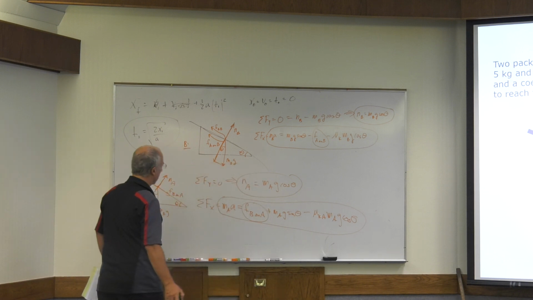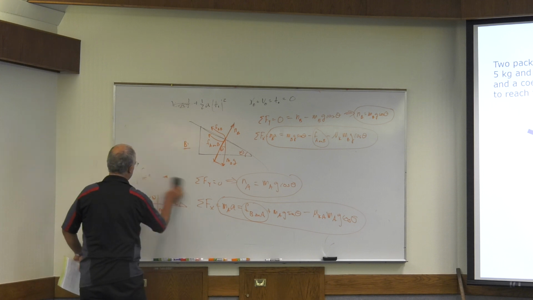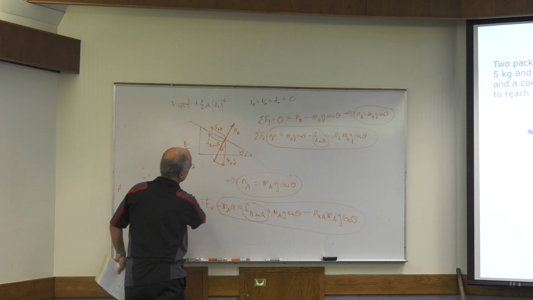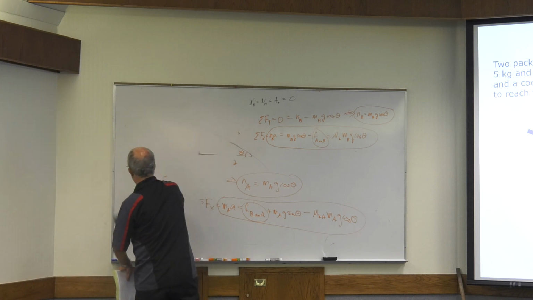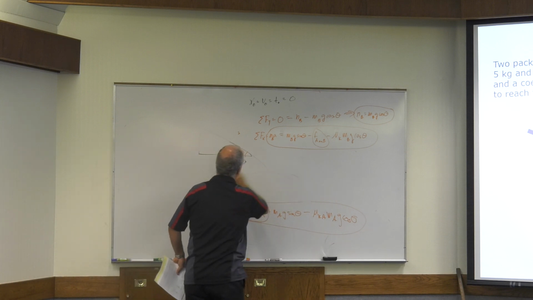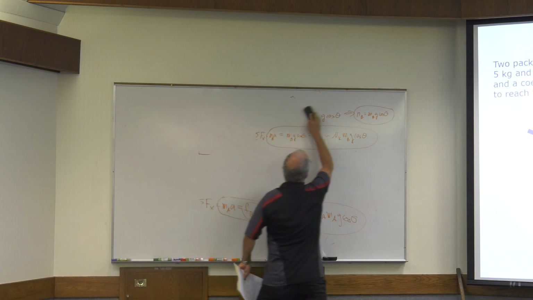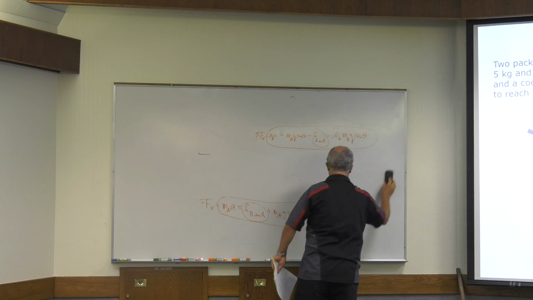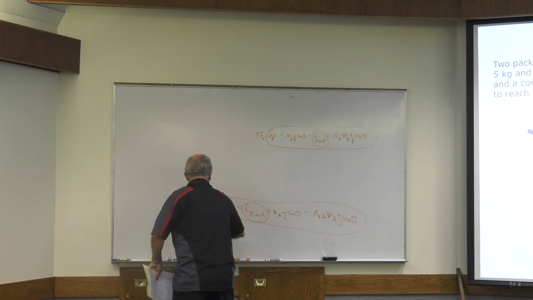So we've got to do some erasing. Don't erase anything important. And we're going to use Newton's third law, of course, when we solve the equations. All right, here we go.